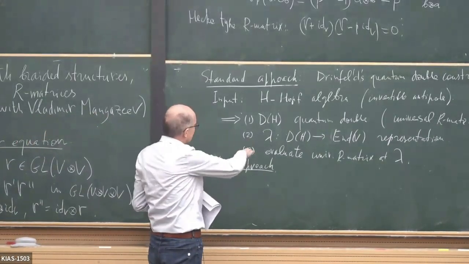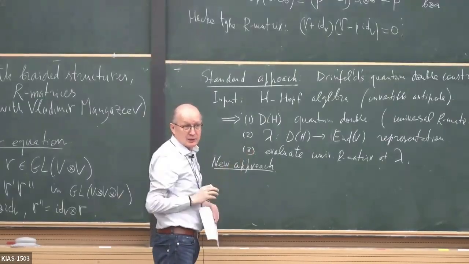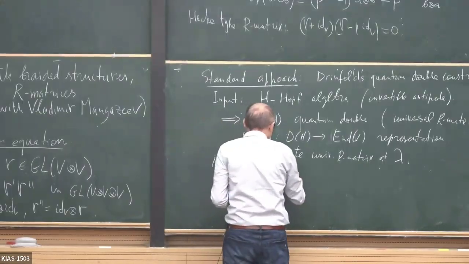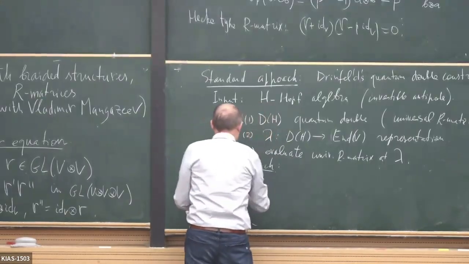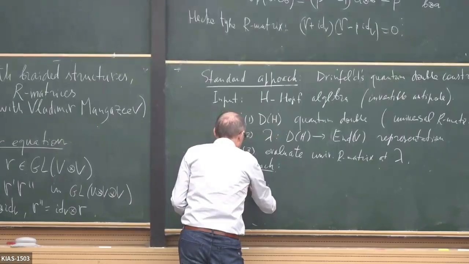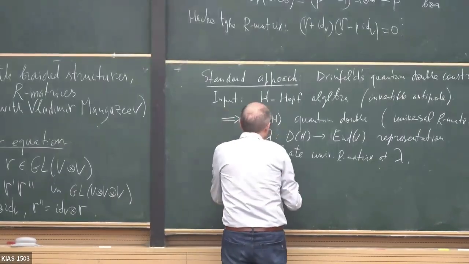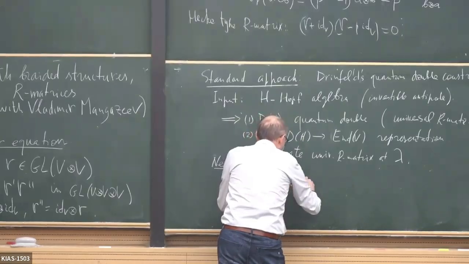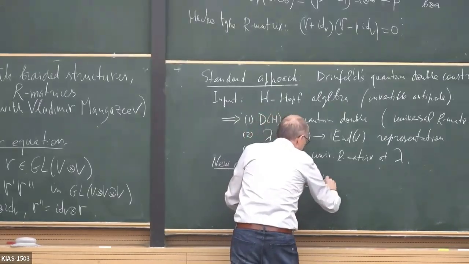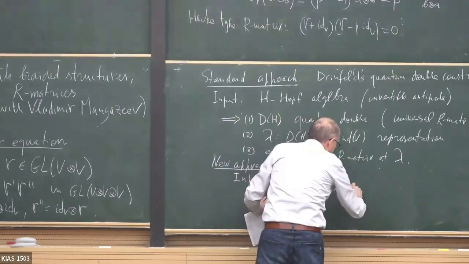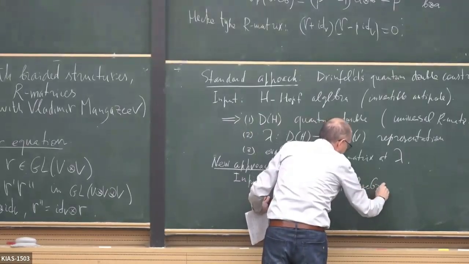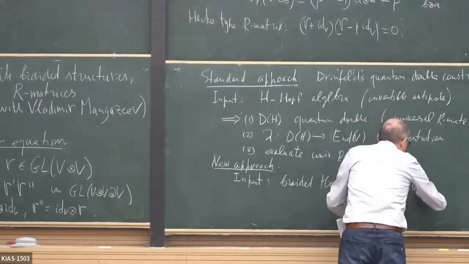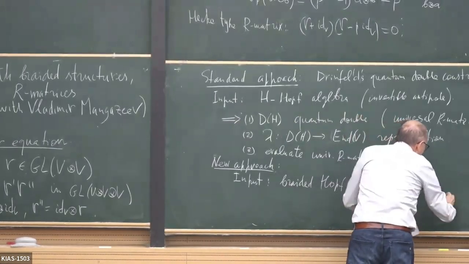This construction was already mentioned in the talk of Stavros. So what is it? The input is more general than here: a braided Hopf algebra H, with an automorphism.